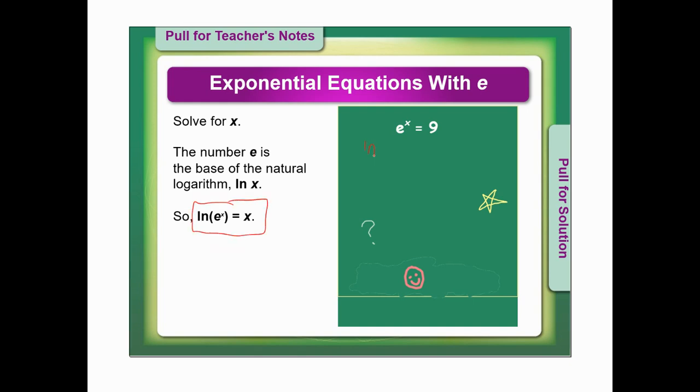So if I take the natural log of e to the x, I have to do it to the same on the other side, so I take the natural log of 9. This gives me x equals the natural log of 9, and my calculator shows that the natural log of 9 is about 2.197. So that's what we're going to say x is.